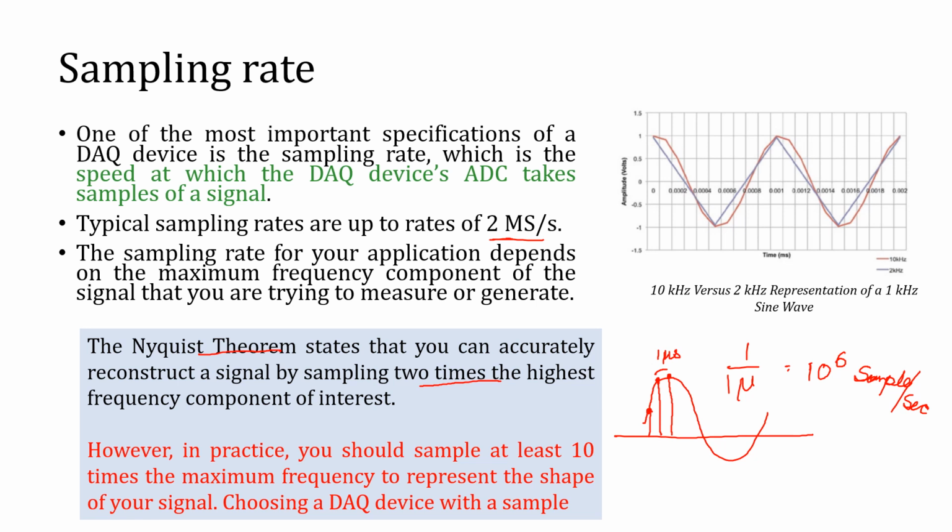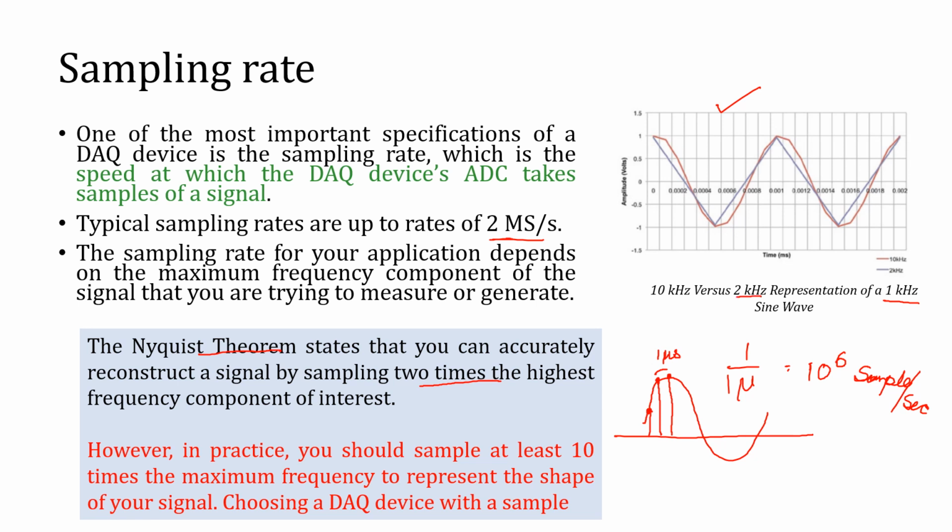But actually when we do some experiments, and this is the example of one experiment, we have taken one sine wave of 1 kilohertz, and as per the Nyquist theorem we can take the sample at 2 kilohertz, as written here.